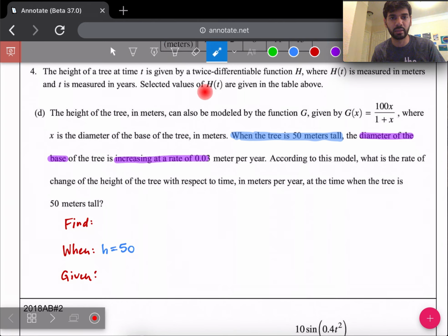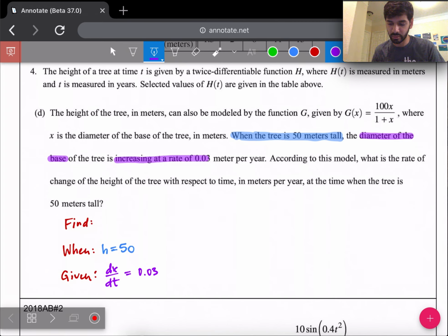If you look at the units, it's with respect to time. And the diameter is measured using the variable x. It says x is the diameter of the base. So if you're using the rate of change of x, that's dx dt. So here we go, dx dt, the rate of change of the diameter. It said it was increasing at a rate of 0.03 meters per year.